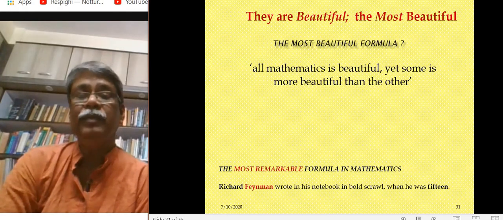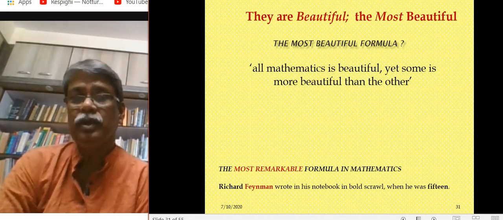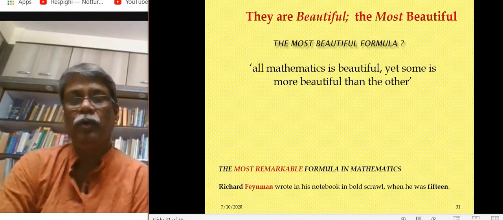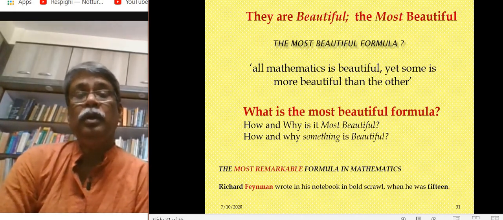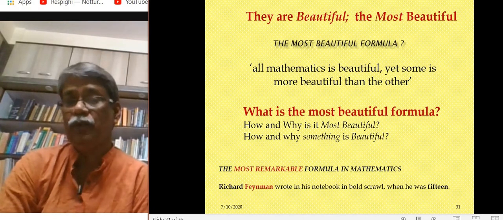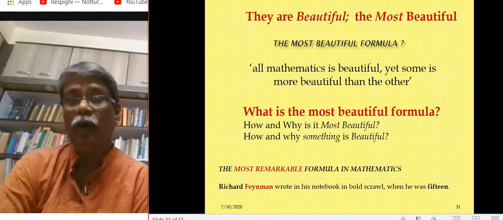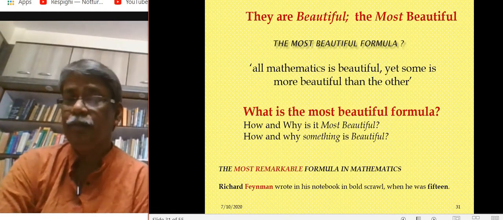And Feynman, at the age of 15, wrote in his notebook in bold scrawl about the most remarkable formula in mathematics. He refers to actually this most beautiful formula. Now we'll see in the next 2 or 3 slides what the most beautiful formula is, how and why it is most beautiful, and how and why something is beautiful at all.